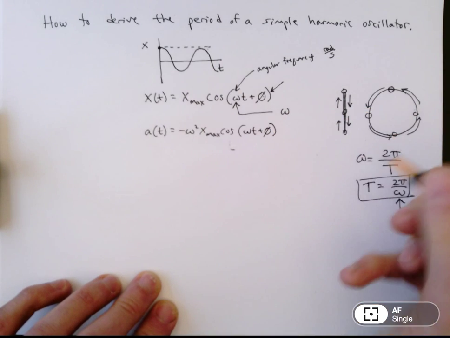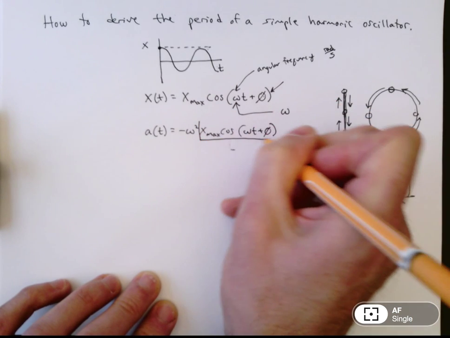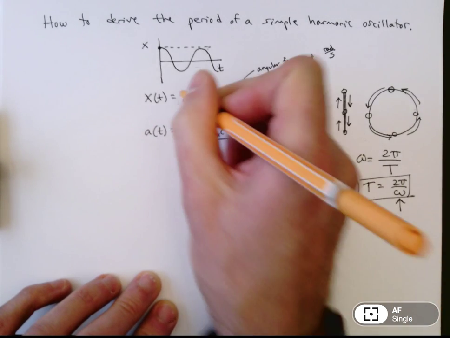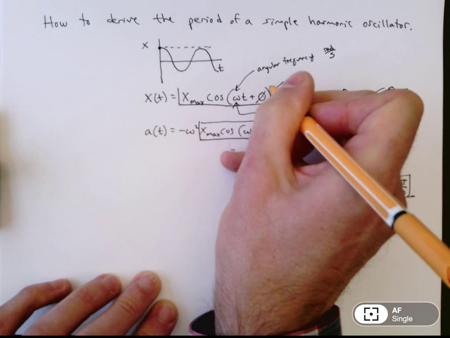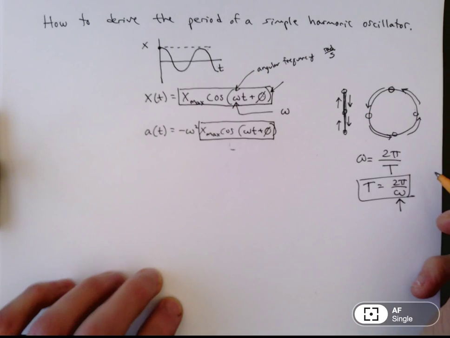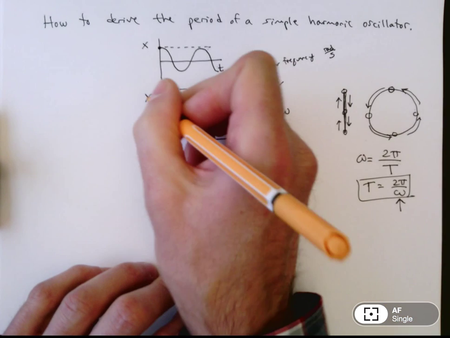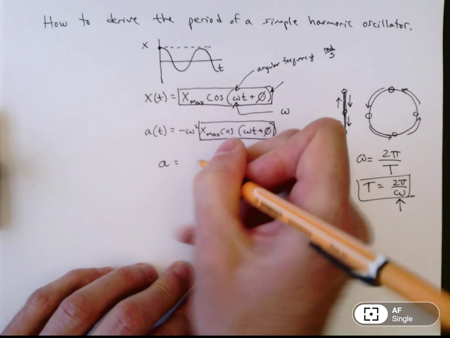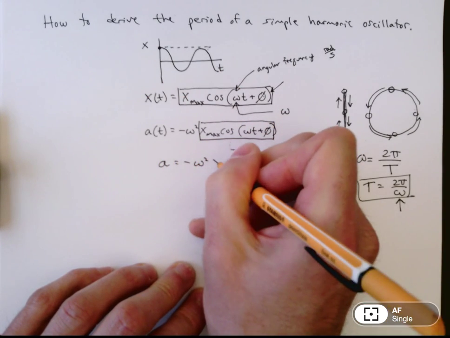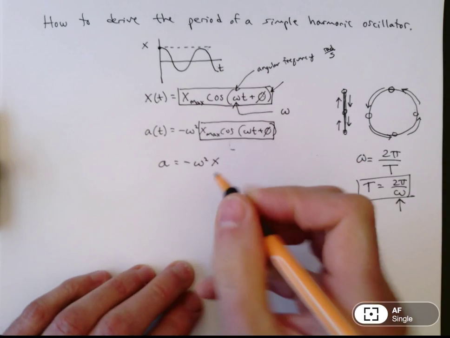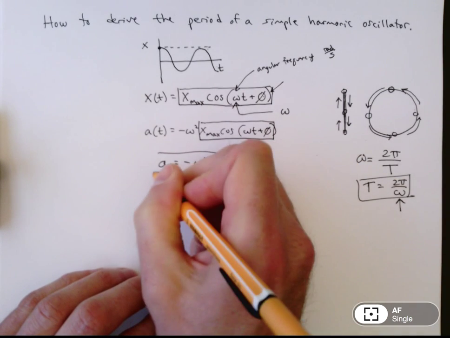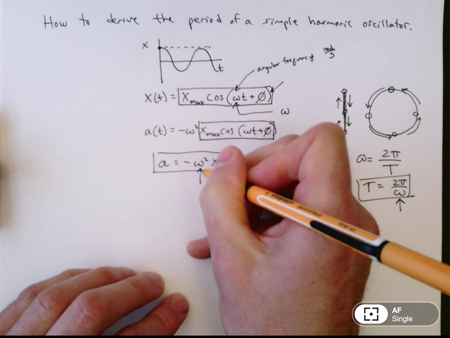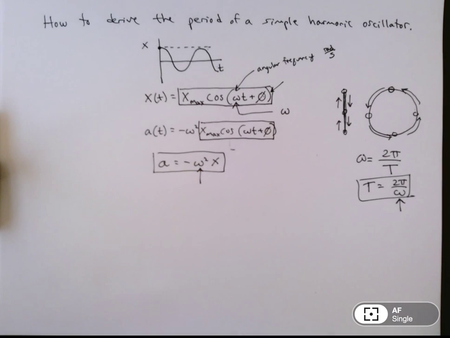What I want you to see here is that this entire part of the acceleration equation is exactly the same as the position equation. So I could literally replace this with simply position. I could write a equals negative omega squared x. And this is going to be the equation that we use to figure out what omega is equal to.